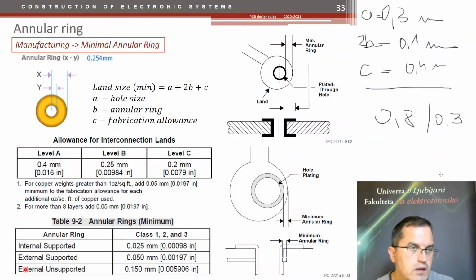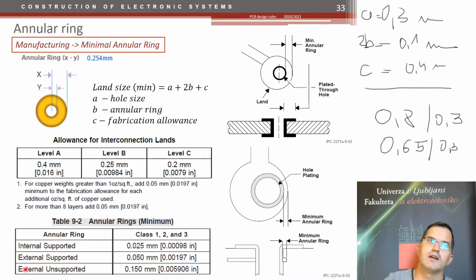Of course, you can choose a better manufacturer, maybe level B, and then you would go to 0.65 over 0.3. That would be a better via in that sense, a smaller via. Usually now, I would say, a large portion of manufacturers can produce level B tolerance.